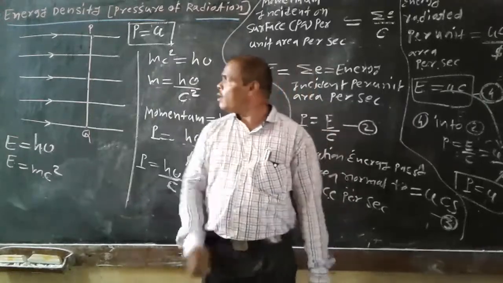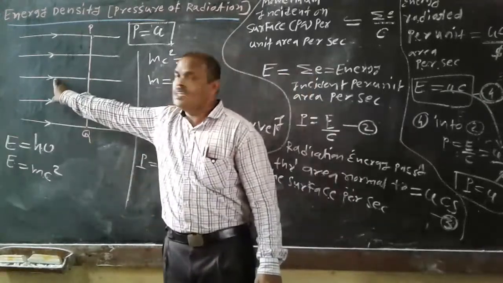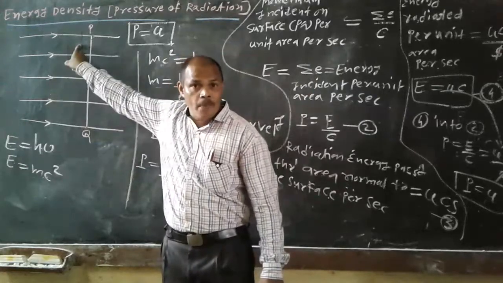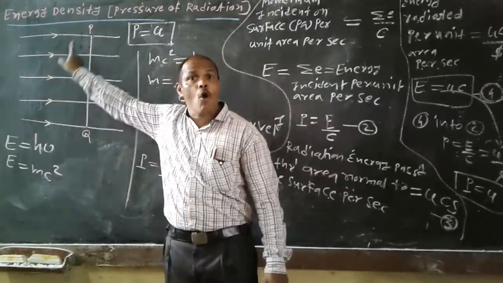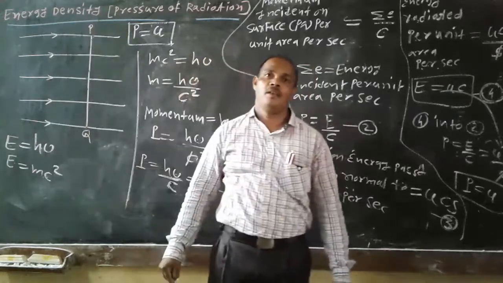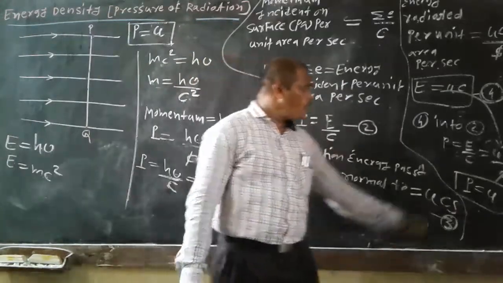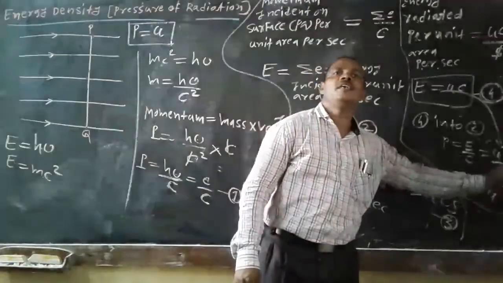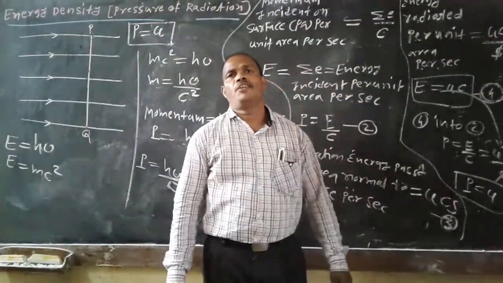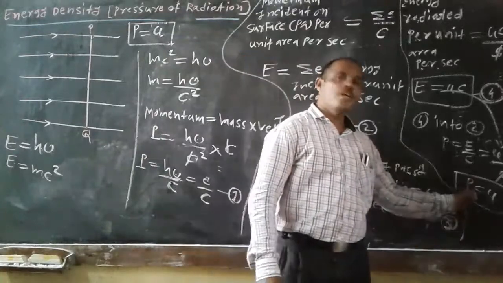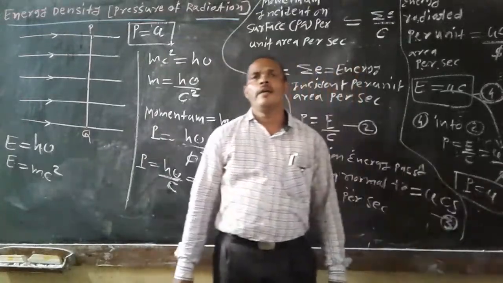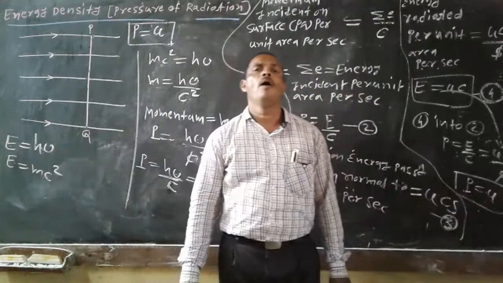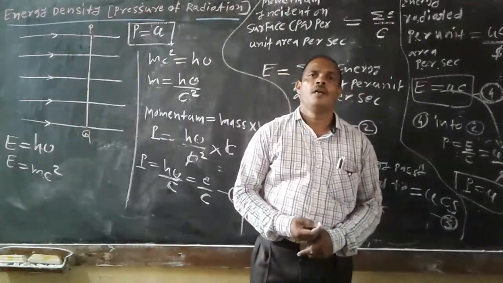So whenever these radiations are incident on the surface normally, the pressure exerted by the radiation is equal to the energy density of radiation. So let us stop here.